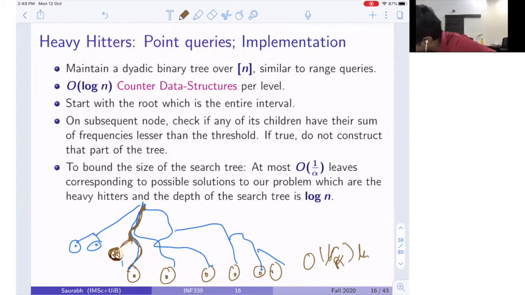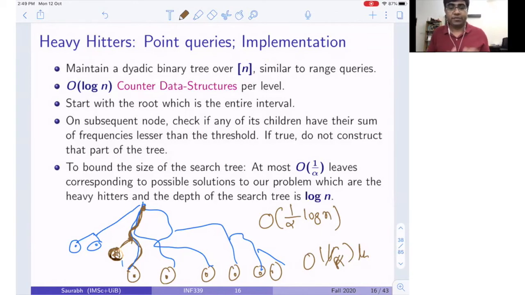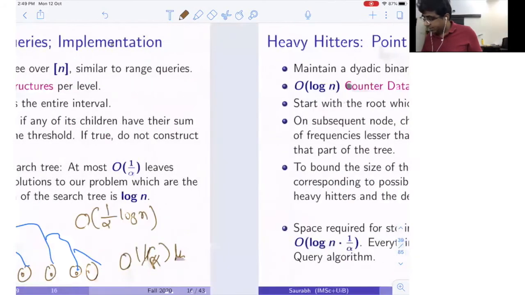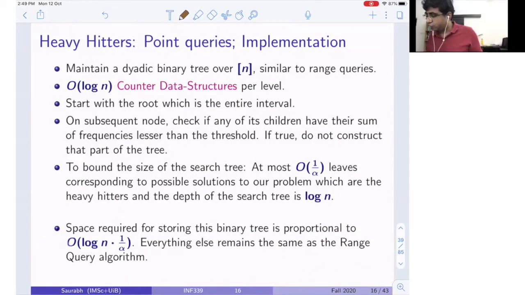So the total size of this tree which you will generate is roughly order 1 over alpha times log n. If you do this online BFS and create this search tree of size order 1 over alpha times log n, the space required for storing this binary tree is proportional to order log n over alpha.